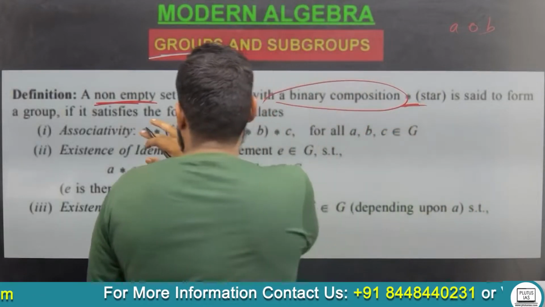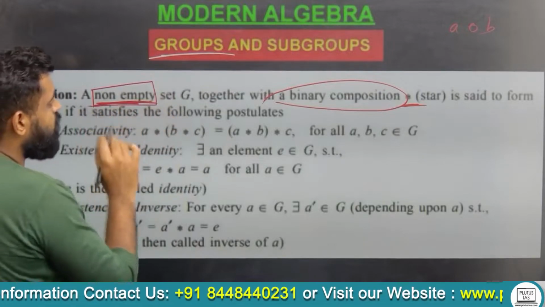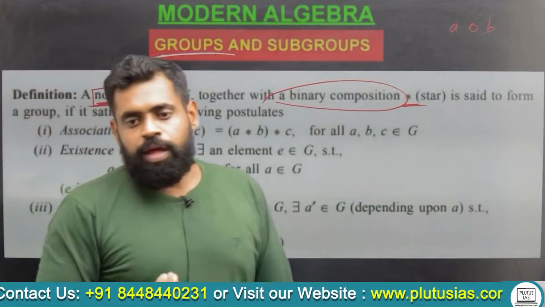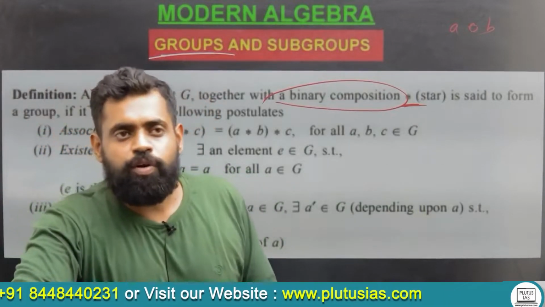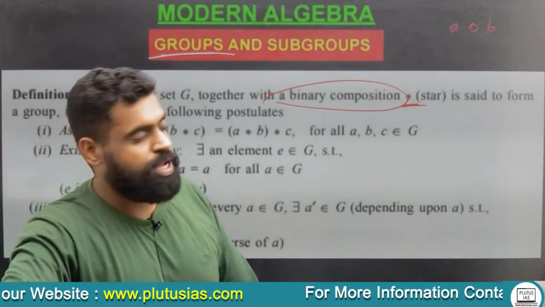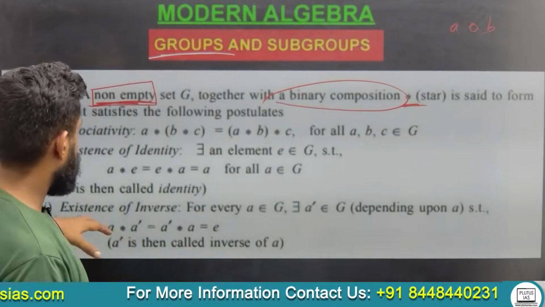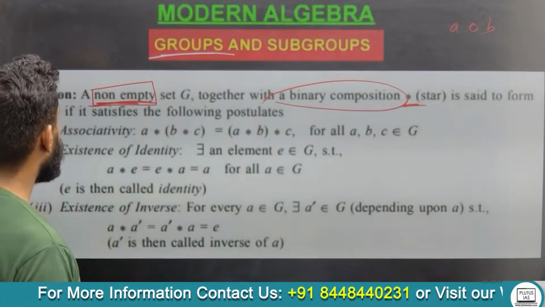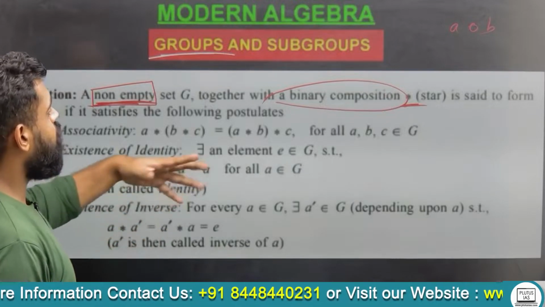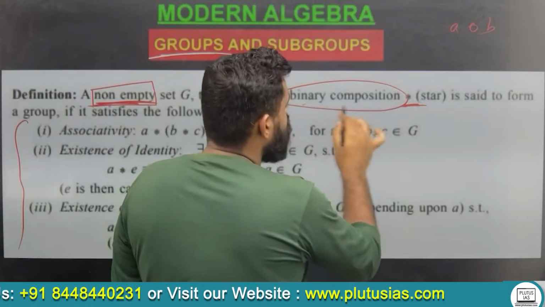I was saying a non-empty set. Every time you have to prove something is a group, people usually forget to show that it is non-empty. People generally remember the properties, but forget this one. So it says a non-empty set together with a binary composition.